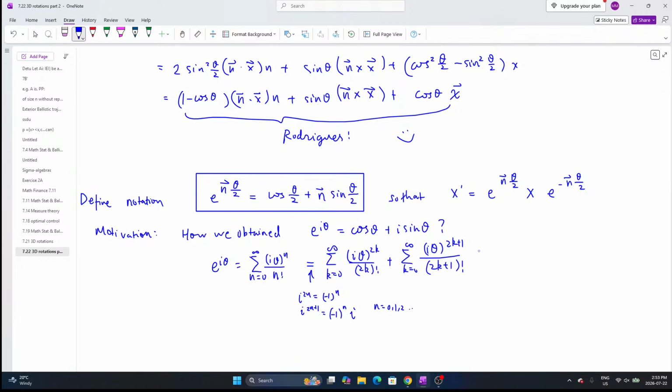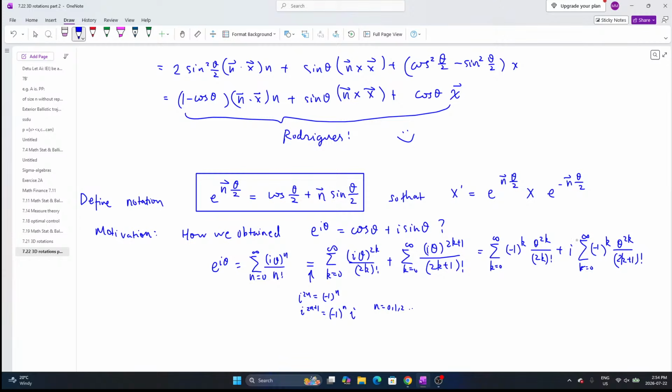Okay, and this is nothing but the sum of minus 1 to the k theta to the 2k over 2k factorial, k from 0 to infinity, and then plus i times the sum of minus 1 to the k theta to the 2k plus 1 over 2k plus 1 factorial, k equals 0 to infinity.